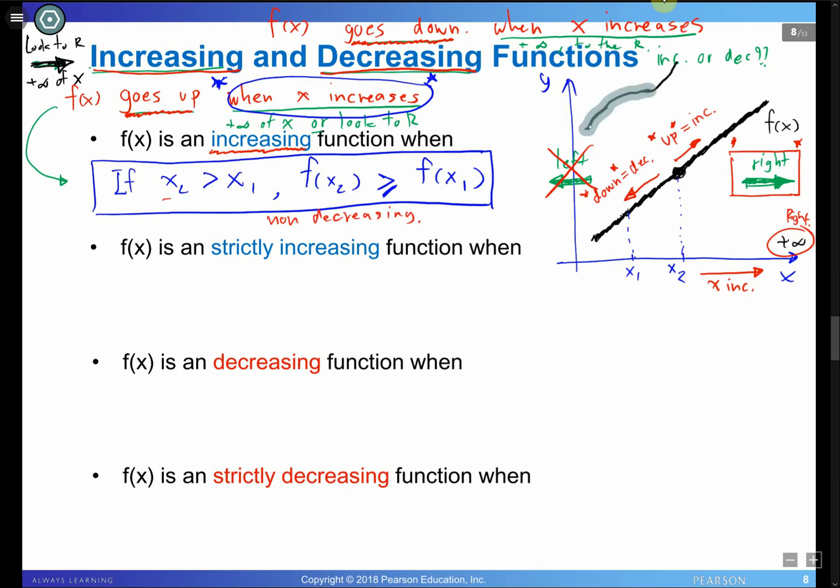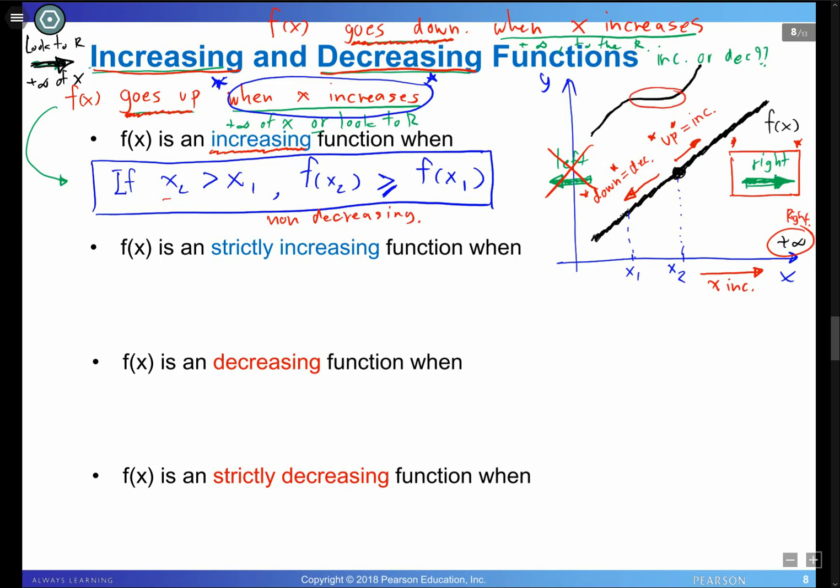It's kind of hard to draw, I'm sorry. You go up, and at some point it's okay to stay still, and you can go up again. This is considered to be an increasing function. So even though right here it seems to be staying still, it's okay. So that is the definition of an increasing function.